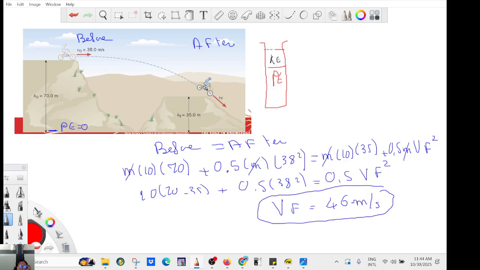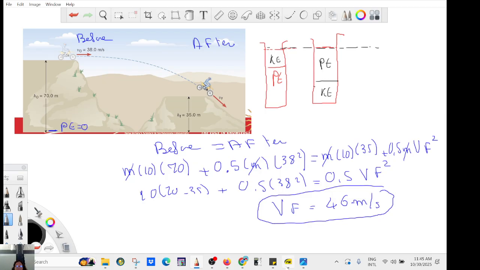At the end, you're going to have the same reservoir, like a test tube, and now the kinetic energy is going to be more. Potential energy here, kinetic energy there, but this is the same level. Okay?